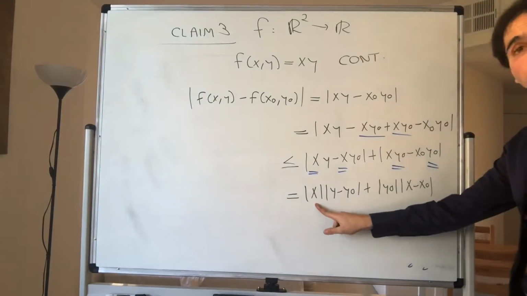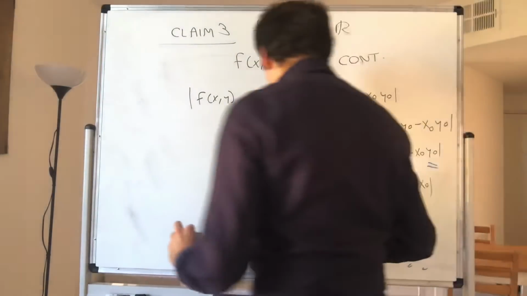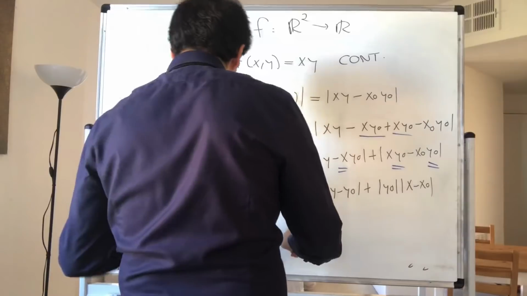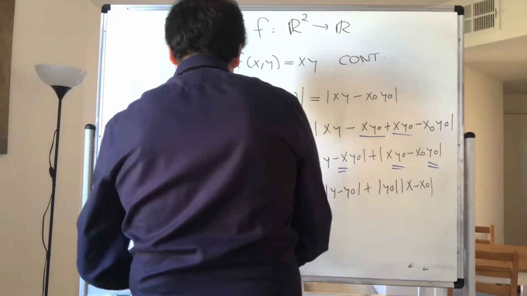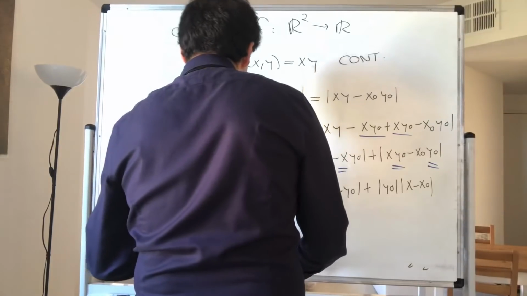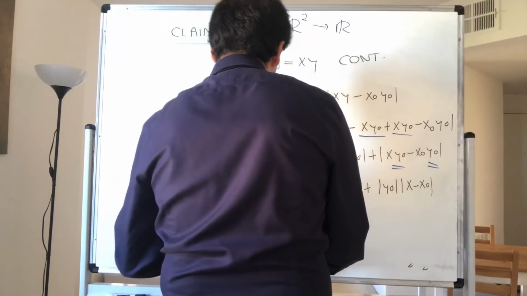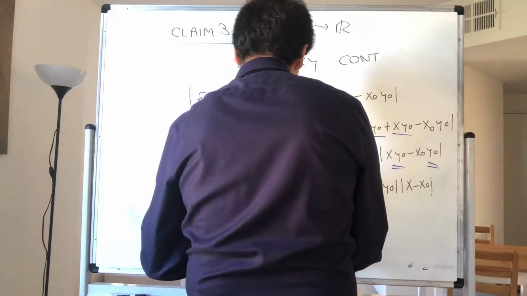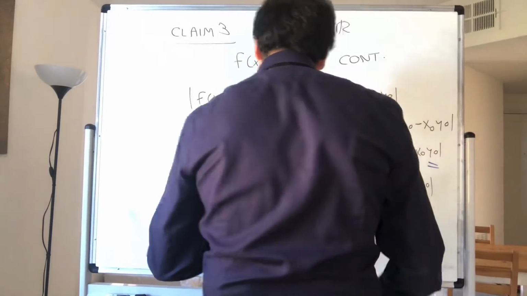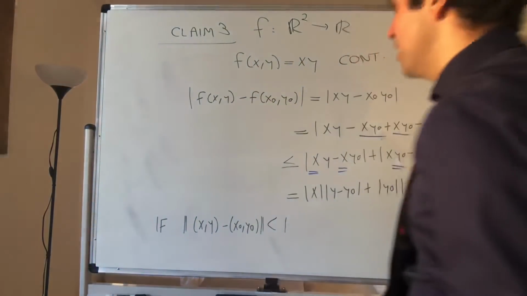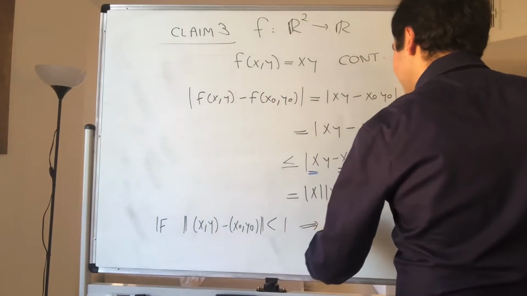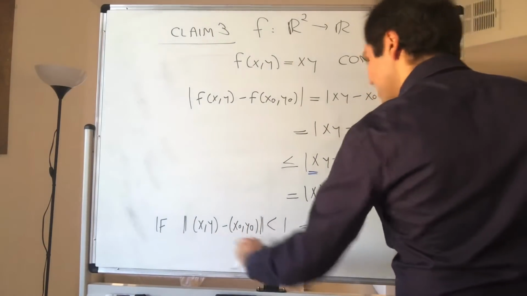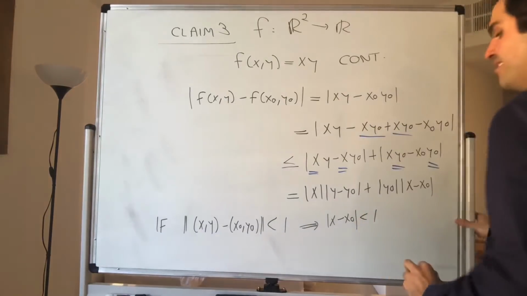But now notice, just as usual, if the distance between (x, y) and (x₀, y₀) is less than 1, then in particular by the before, we get |x − x₀| is less than this distance, which is less than 1.